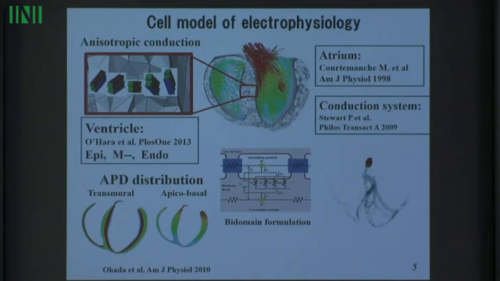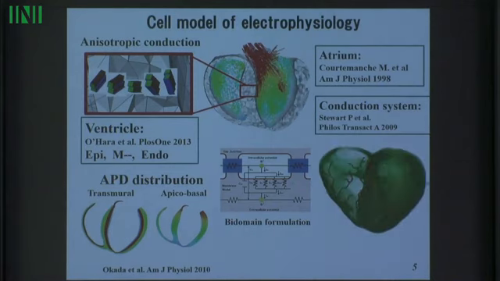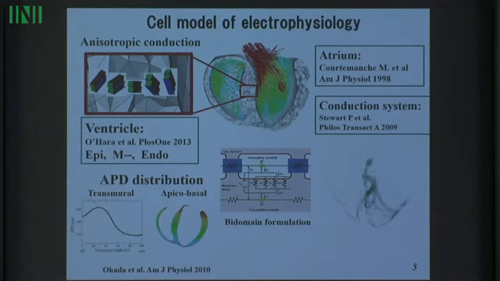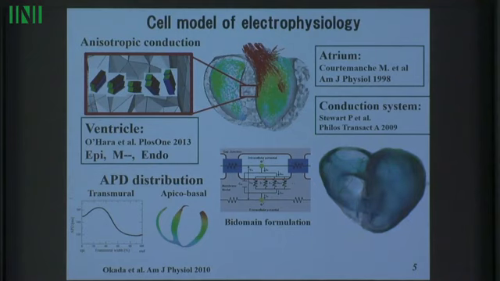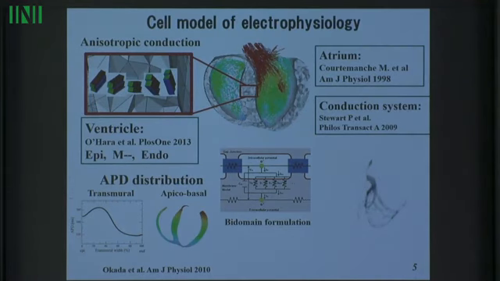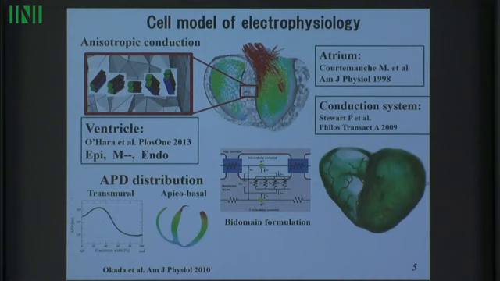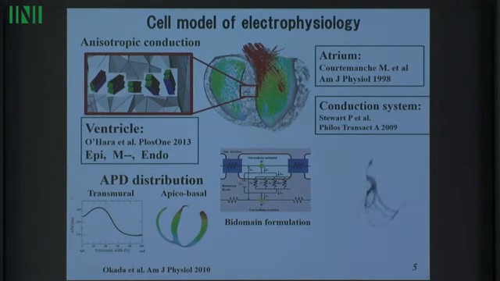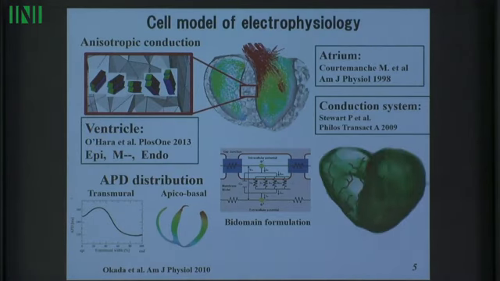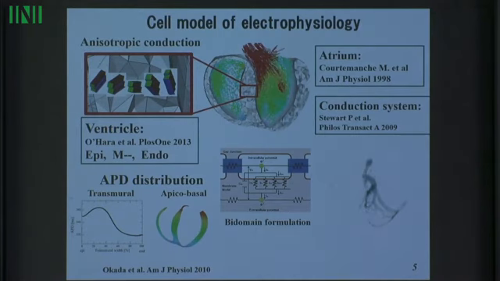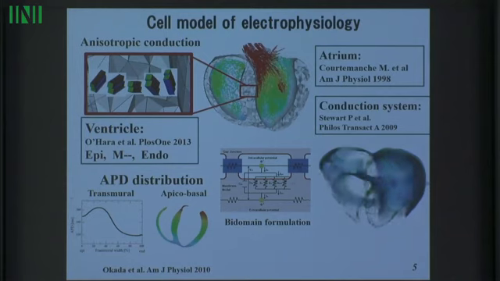It looks like discrete fashion, but because of the electrical coupling, the resultant distribution of action potential is smoothed out like this. We also introduced apico-basal, which is longitudinal gradient of action potential, both of which are essential to reproduce physiological shape of T waves.